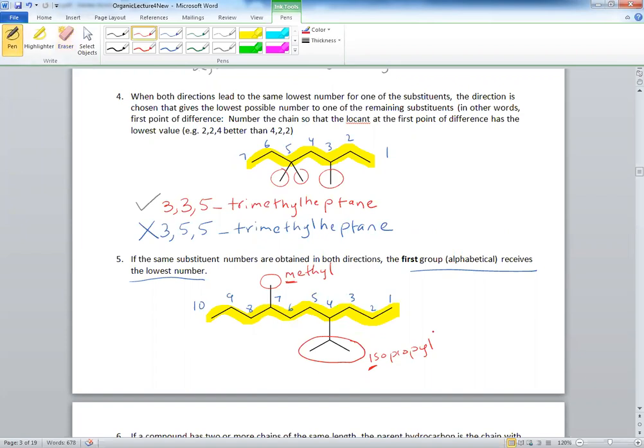So the name here would be 4-isopropyl, 7-methyl. And if you don't know what 10 is yet, it's okay, it is decane. Decane, D-E-C-A-N-E, from deca, decane.